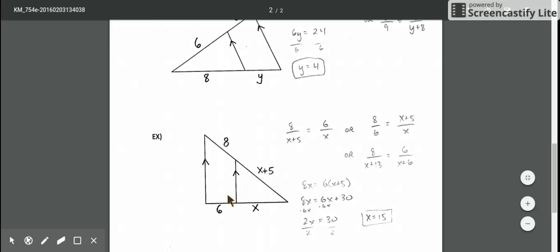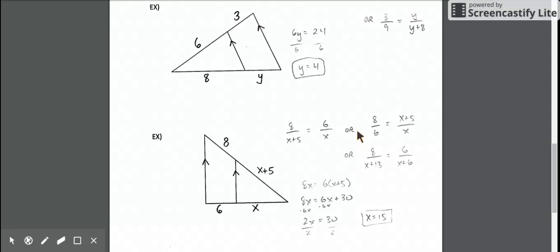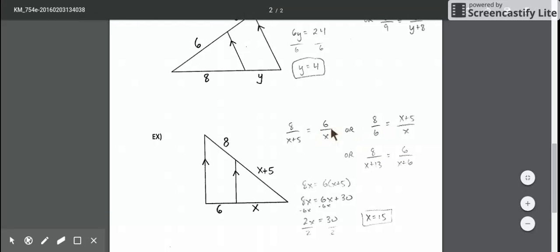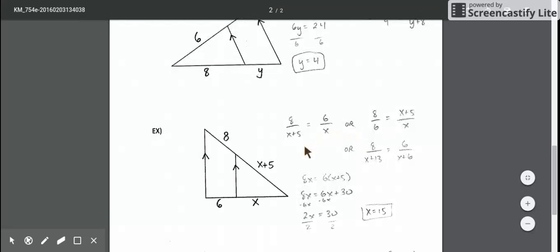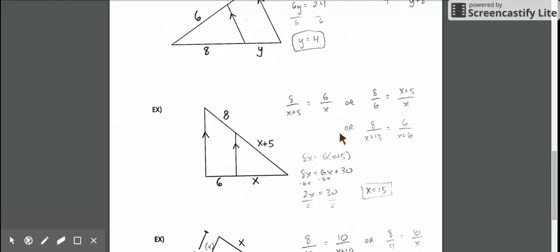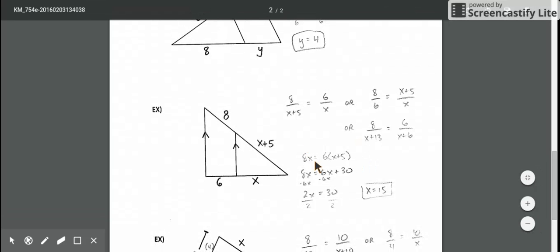And then set that equal to 6 compared to the total length, which would be 6 plus x. Again, fanciest way to do it and totally not necessary if you can figure out these other two proportional parts. So to solve it, cross multiply either of those and solve for x. So we get x is 15.